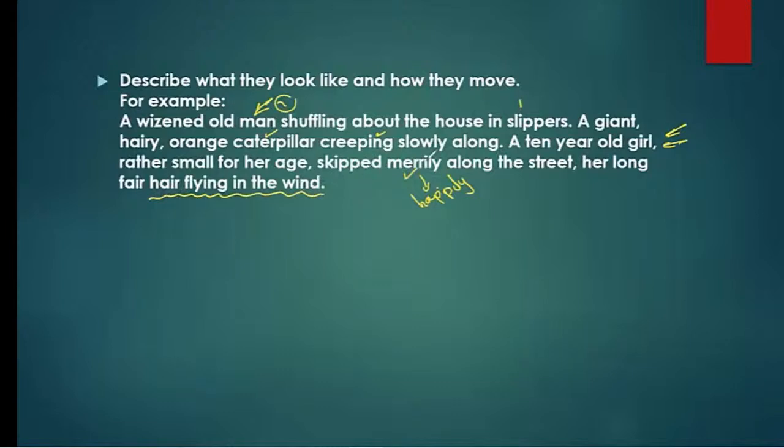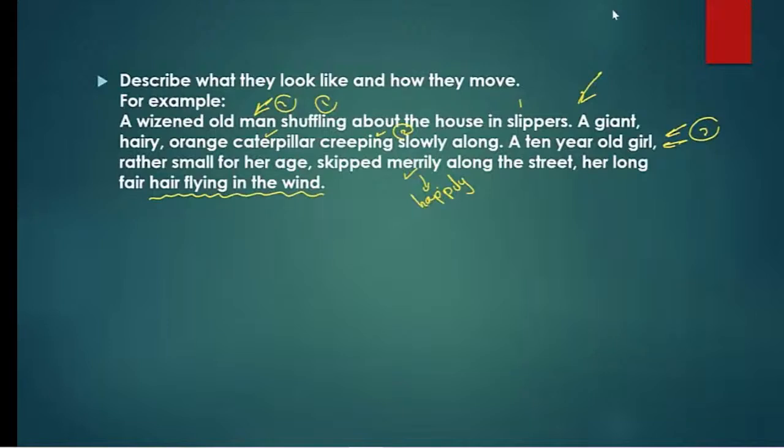So what matters here is the description of the characters. In the short paragraph, we have three characters: the old man, the caterpillar, and the 10-year-old girl. Great.